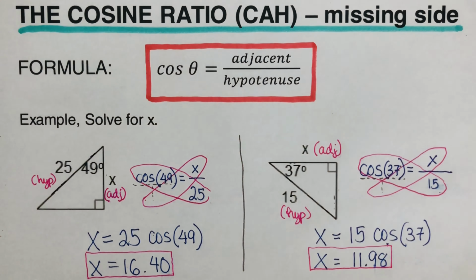So we get x cosine 27 equals 1 times 15, which is just 15. From here we want x by itself, so we're going to divide both sides by cosine 27. I cross the cosine 27 out on both sides.